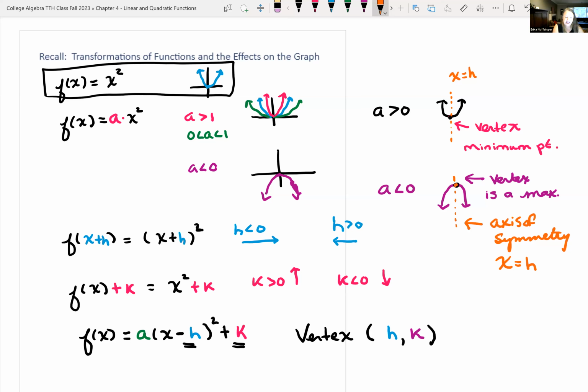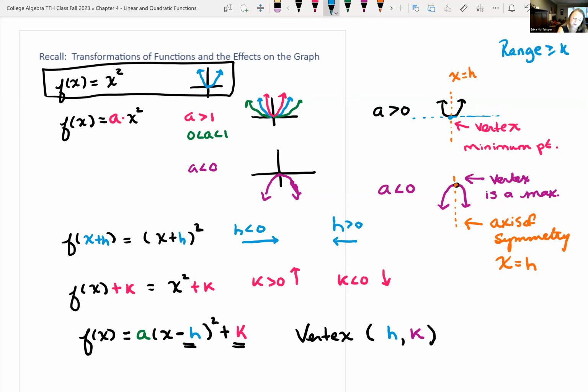When we're looking at our range, we talked about our domain being all real numbers. Our range is going to be affected by where our vertex is. So our y value of this point h, k, everything is going to be bigger than this. So if our parabola is facing upwards, our range is going to be greater than or equal to, so the y value here was k.